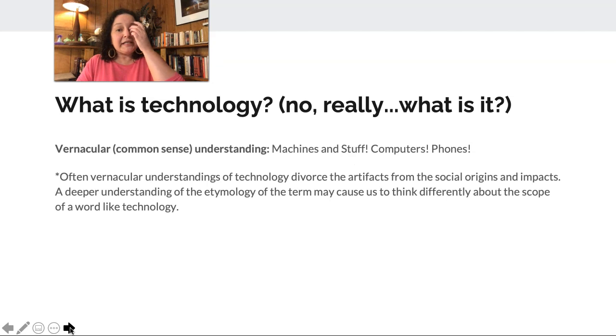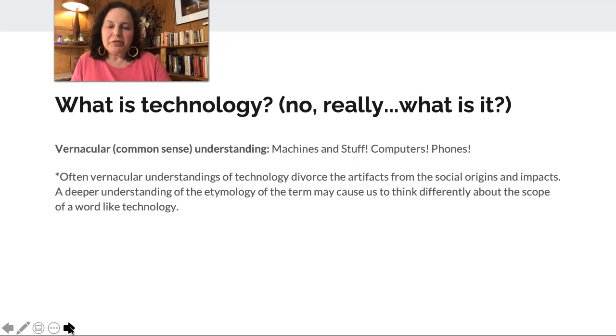I think sometimes common sense or vernacular understandings of technology actually separate it from a broader story about how humans make and learn and produce things.